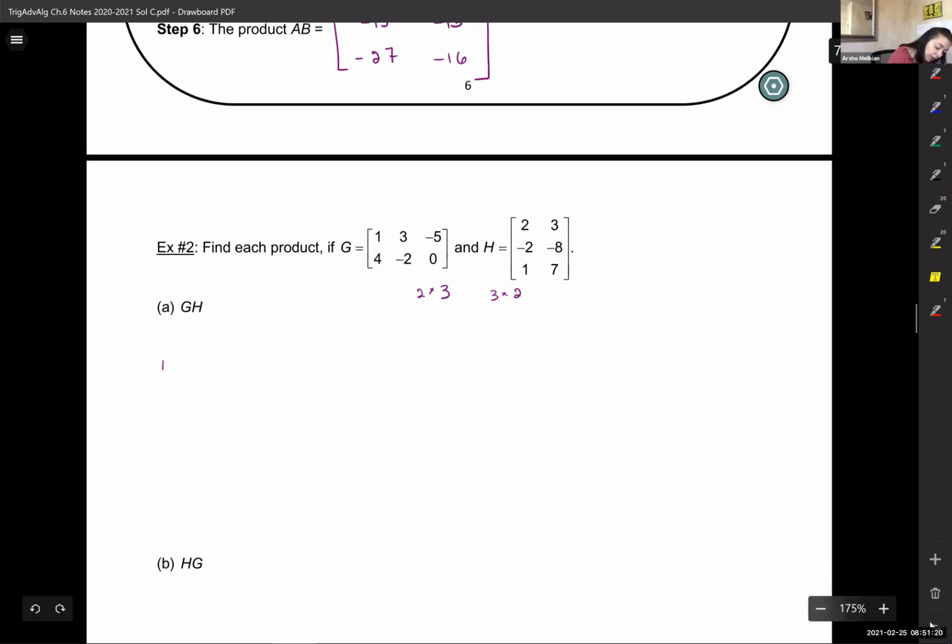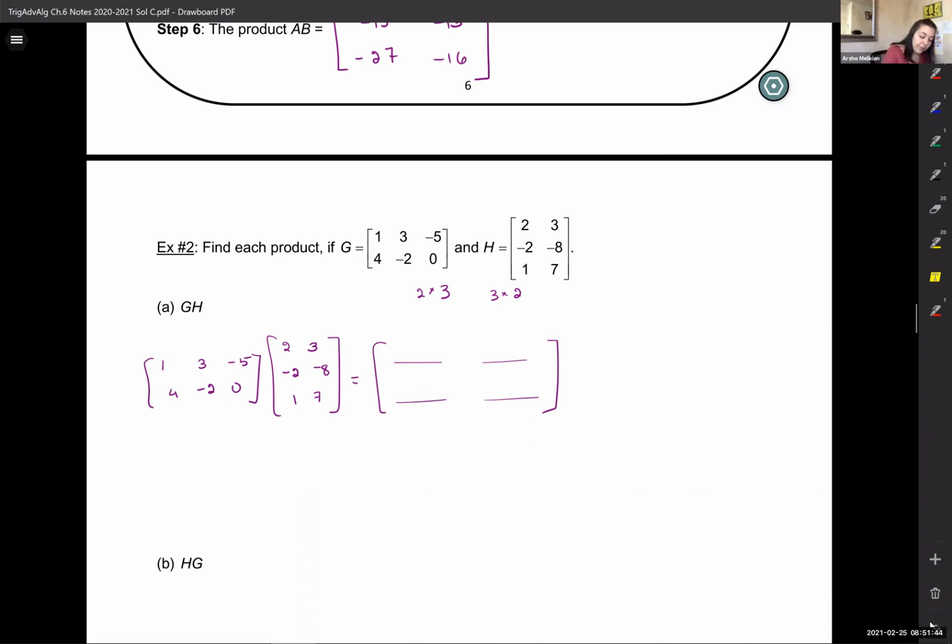So always write them down, because it gets confusing and you want to be able to mark your matrices. So the result is going to be a 2 by 2: 1, 2, 3, 4.